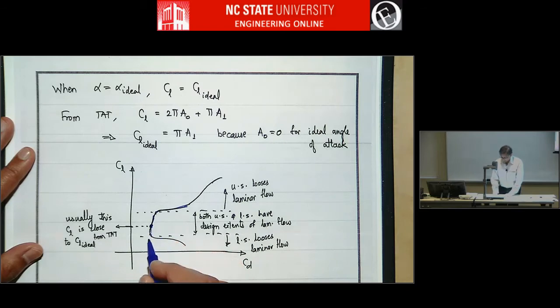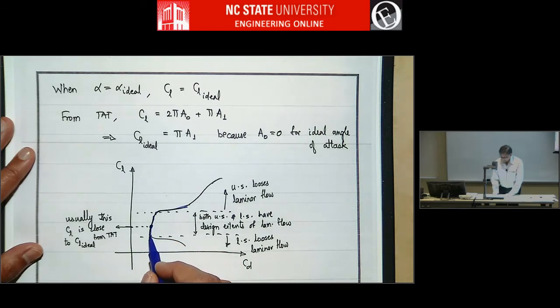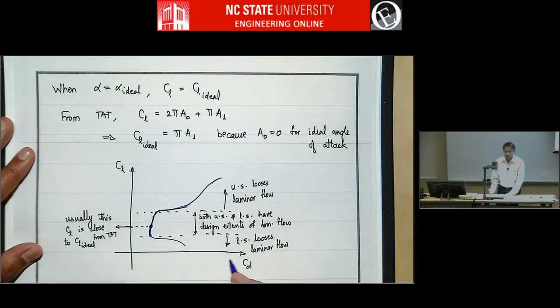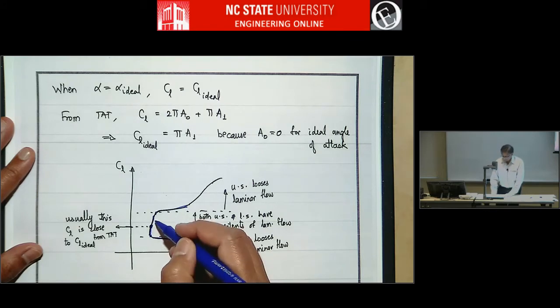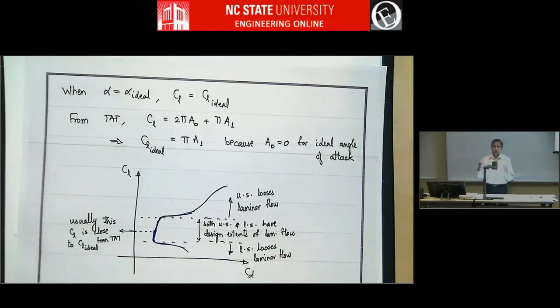For CL less than CL ideal, again after a small CL region where things are tolerated, the lower surface loses laminar flow. And so that's why you get a drag bucket, right? A drag bucket is when both upper and lower surfaces have some decent amount of laminar flow, maybe 50% or something.